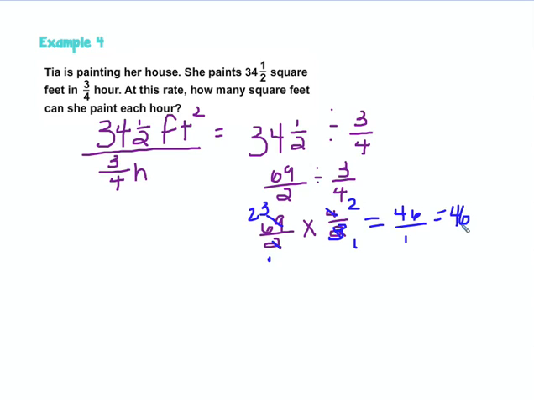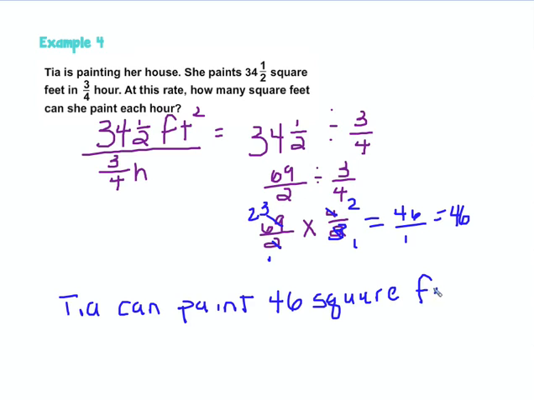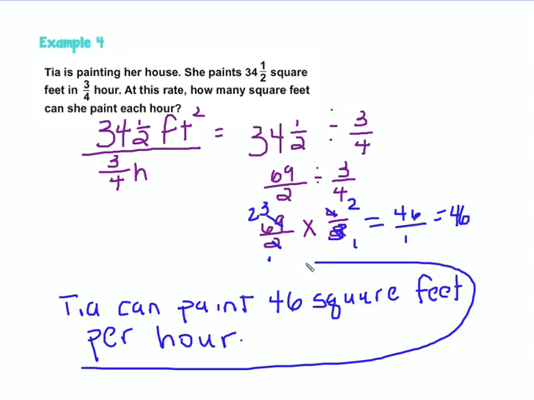So now we have to answer our question, and the answer to our question is Tia can paint 46 square feet per hour. There's your answer. Make sure you've copied everything down just as I have.